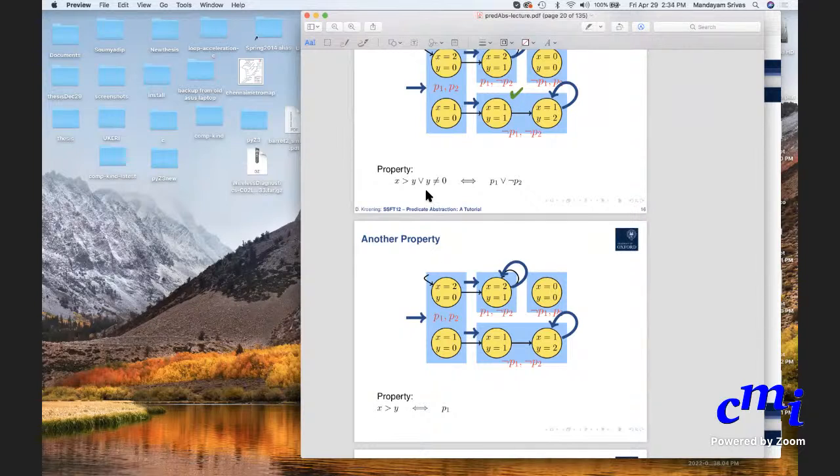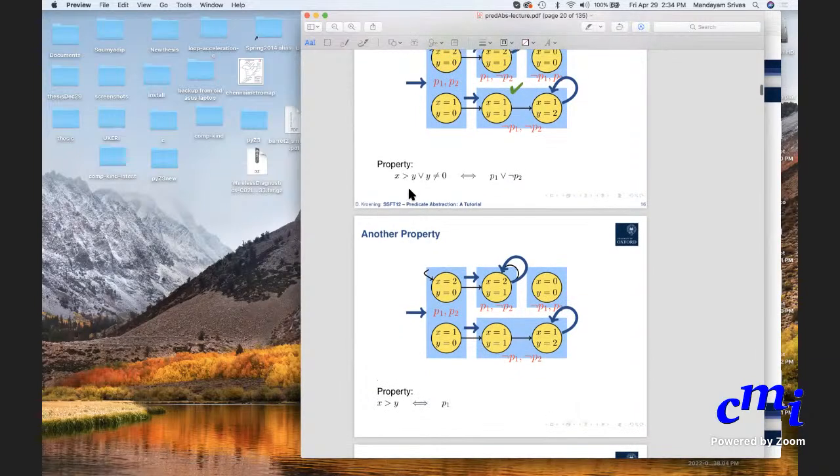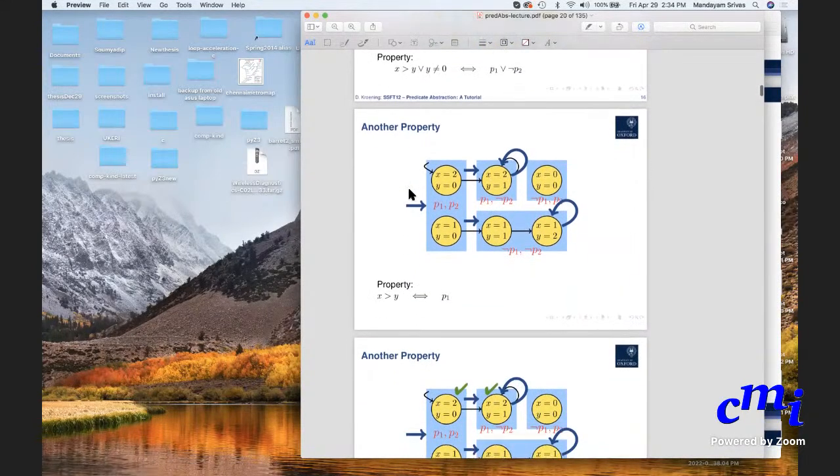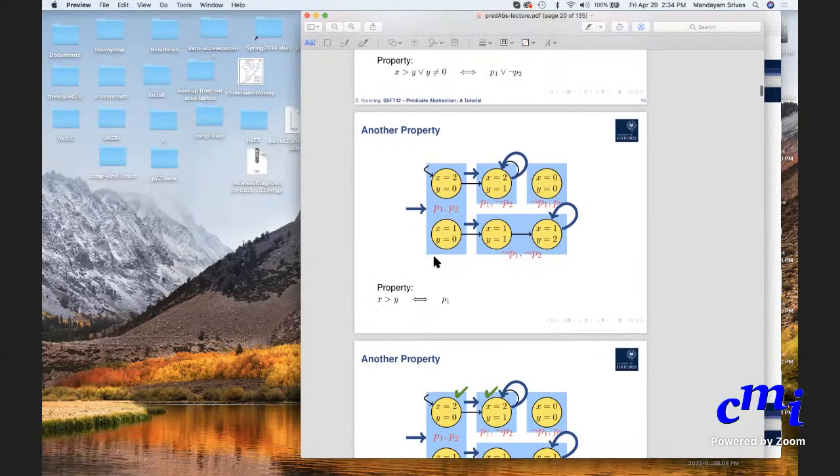So in practice, you normally include the atomic predicate corresponding to every atomic formula in your property. So that's how the initial set of predicates is determined.